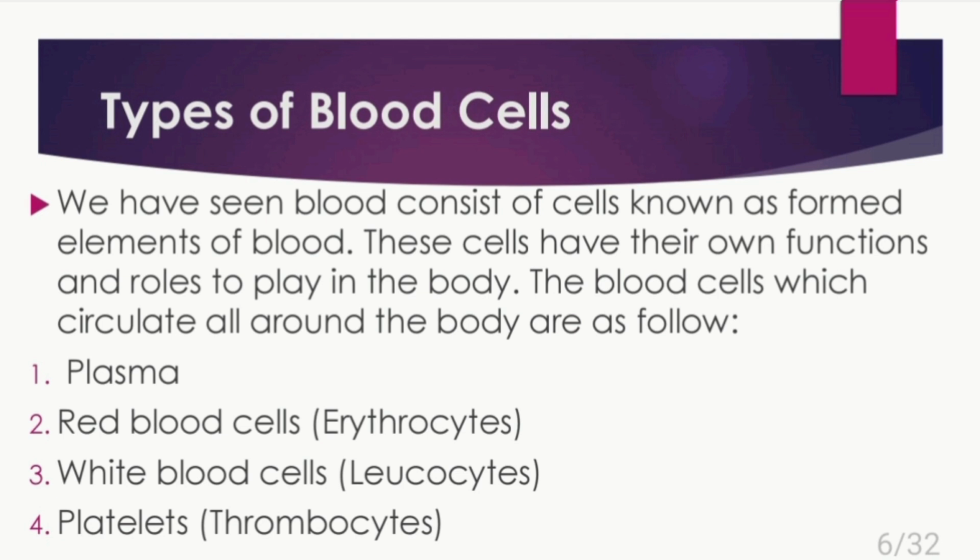These cells have their own functions and roles to play in the body. The blood components which circulate all around the body are as follows: plasma, red blood cells, that is erythrocytes, white blood cells, that is leukocytes, and platelets, that is thrombocytes, and they all have different functions.